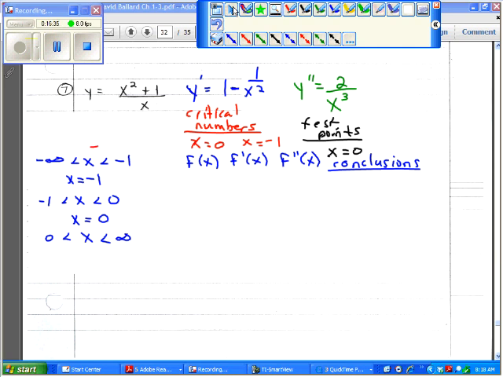All right, we're going to choose a -2. If I choose a -2, I'm going to have 1 minus. That -2 squared is going to be a 4, but that's going to make it a 4th. 1 minus a 4th then is going to be a positive number, right? It's going to be greater than 1. So we end up with a positive in the first derivative in that first interval.